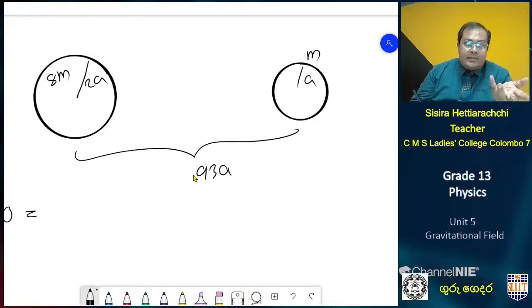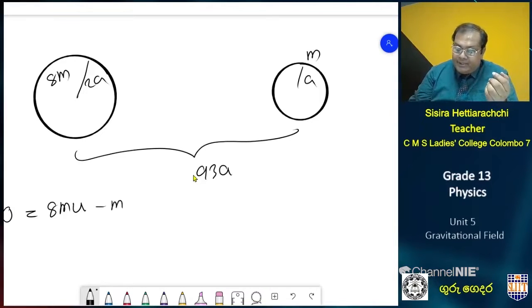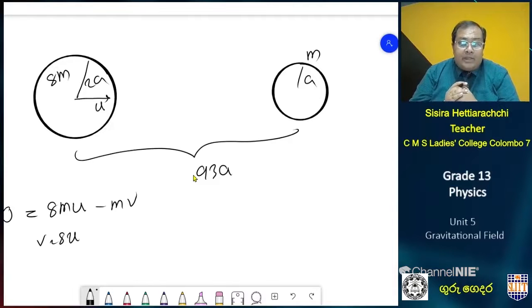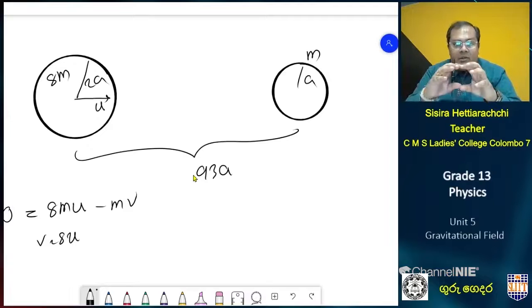At any instance, you can take 8m into u, and the other you can take m into v. Then you will see v is equal to 8u. What is the meaning of that? That means if the big one travels a certain distance, the small one should travel 8 times. Therefore, they always travel in the ratio 8:1.